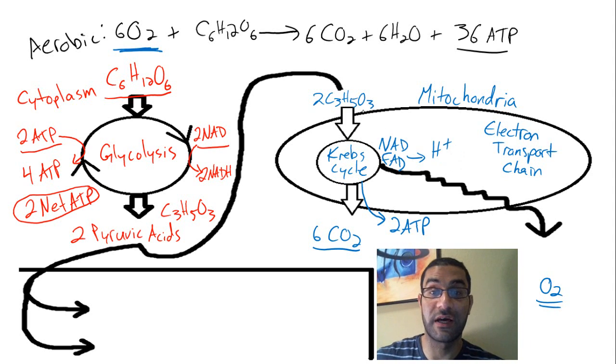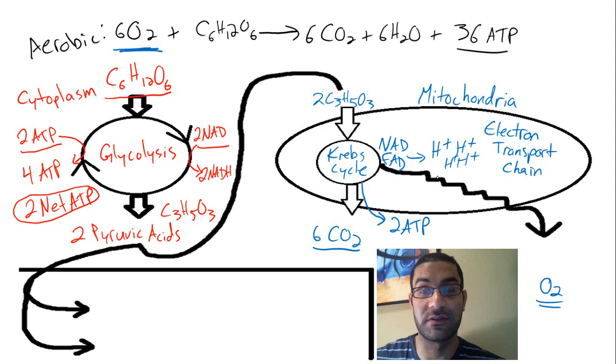All of these hydrogen components that were part of the pyruvic acids are now hydrogen ions, positively charged. So they're all building up here in the middle. And then you also have the negatively charged electrons. Those negatively charged electrons are going to be passed from one protein to another. That's what we consider the electron transport chain, the transporting of those negatively charged electrons.